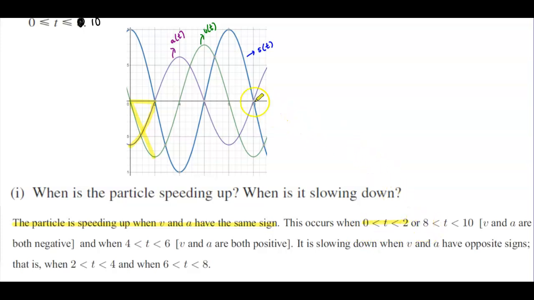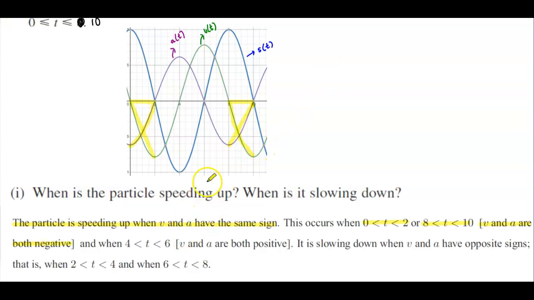And then also, if we take a look between 8 and 10, we can see that the velocity function is negative and the acceleration function is also negative. So those are both the same sign.